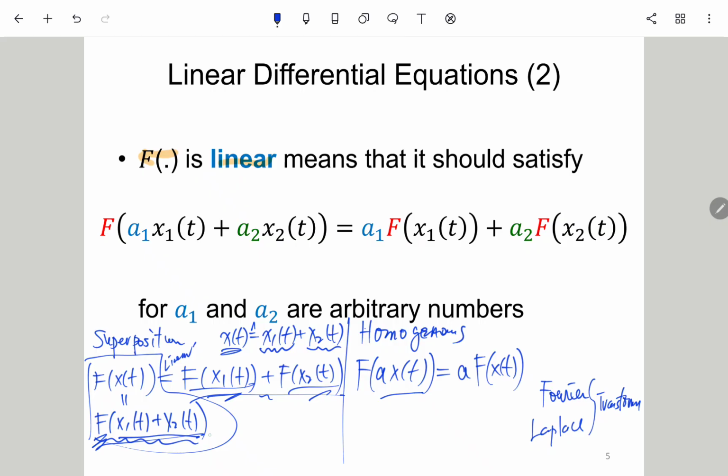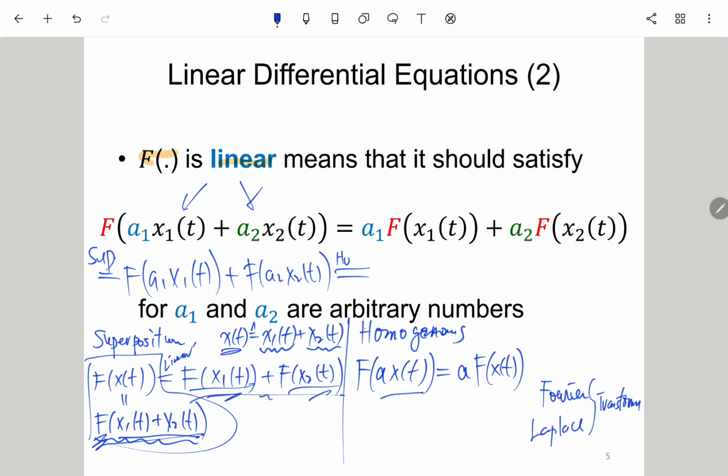By combining the superposition and the homogeneous, we can write it as a single one. First we apply the superposition to make it f of a1 x1 of t plus f of a2 x2 of t, breaking these two functions into two parts and taking the functional first.